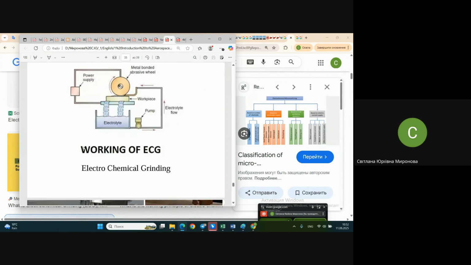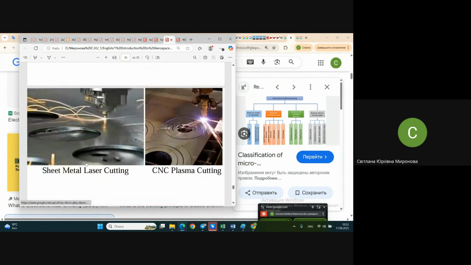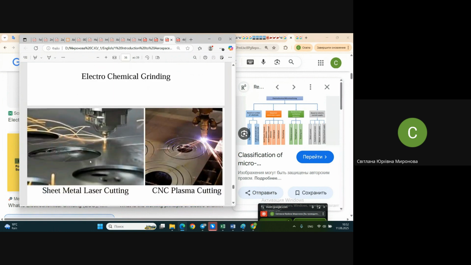Here is the scheme of electrochemical grinding once again. And once again, you see a comparison. It's maybe used practically for the same thicknesses. No, not practically for the same thicknesses. Well, laser, whether it comes to welding or cutting, is more recommended for delicate work, let's say.